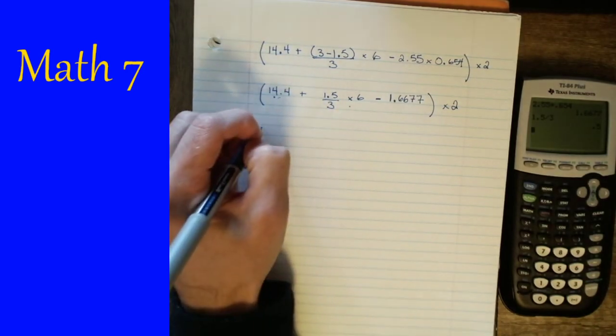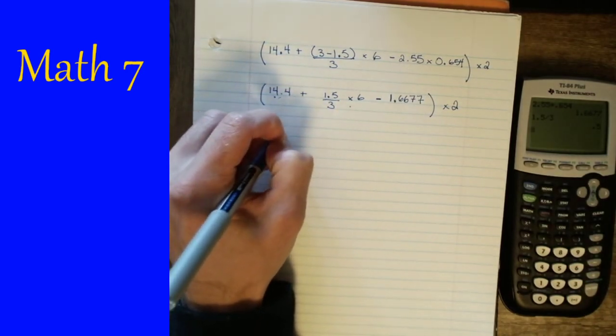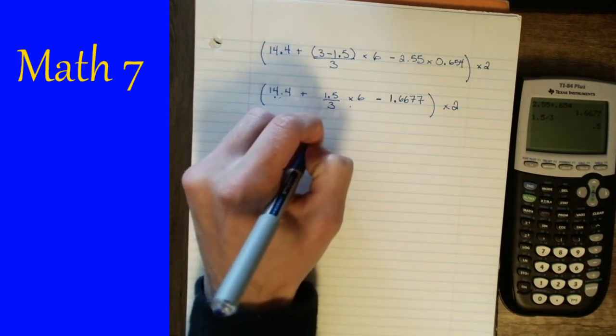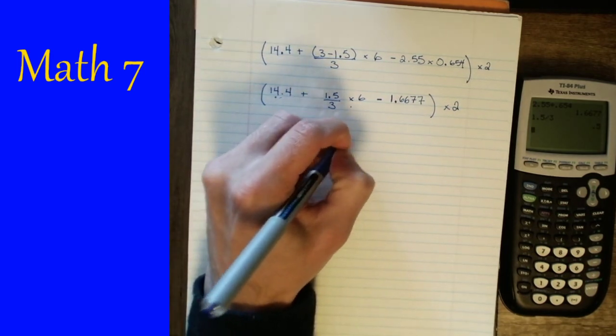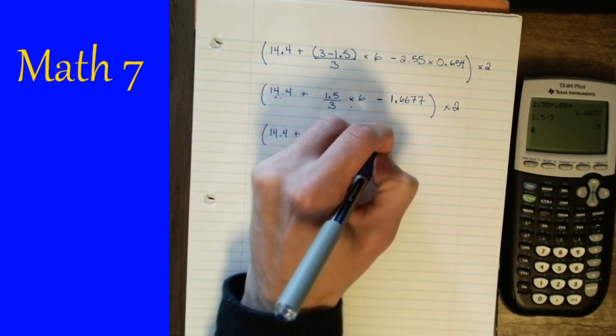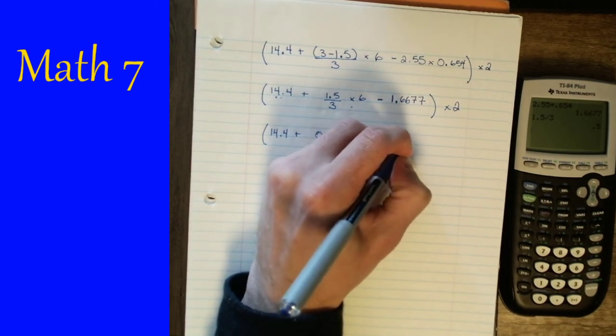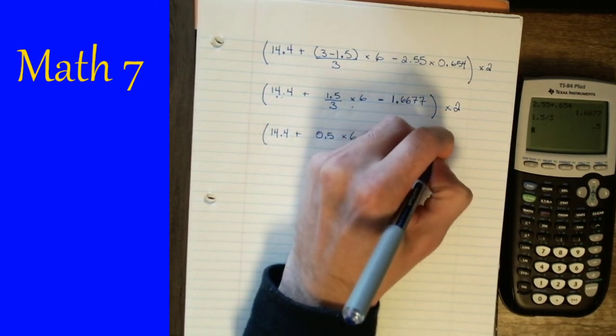So we have 14.4 plus 0.5 times 6 minus 1.6677 multiplied by 2.